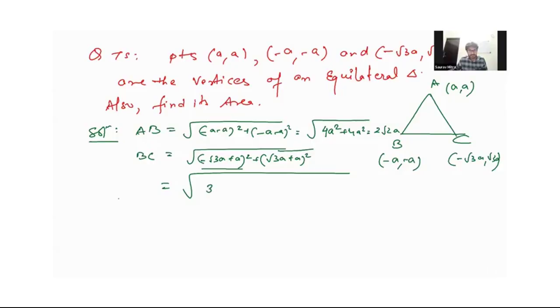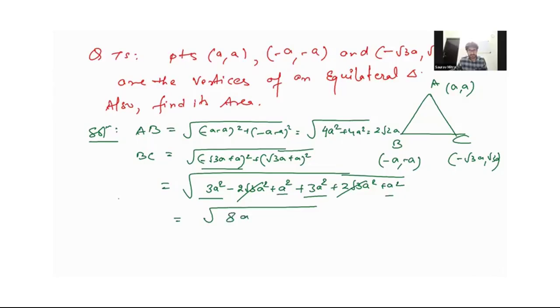So 3a square minus 2 root 3a square plus a square, and 3a square plus 2 root 3a square plus a square. The 2 root 3a square terms get cancelled. So this will be 3a square, 6, 7, 8, so it is 8a square. You will get the value 2 root 2a.